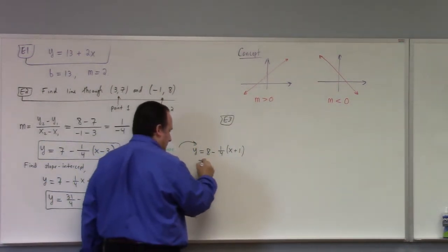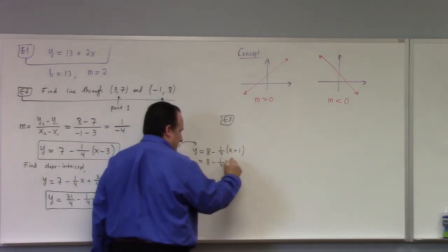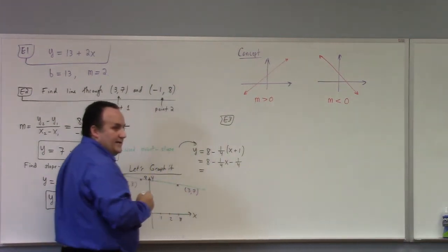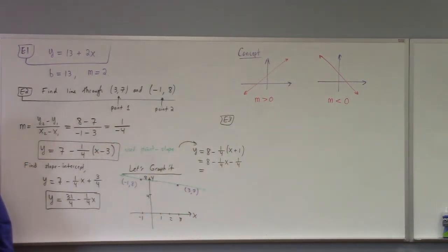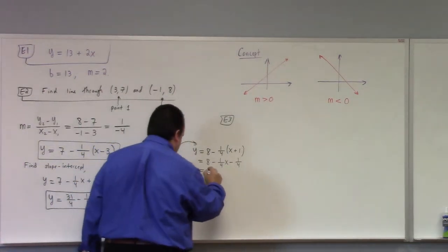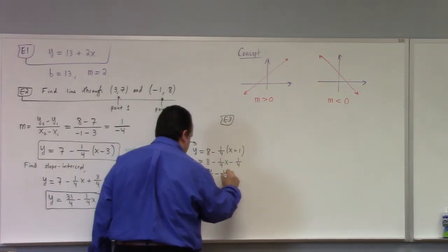This is 8 minus 1/4 x minus 1/4, and 8 minus 1/4 is 32/4 minus 1/4, which is 31/4. So lo and behold, 31/4 minus 1/4 x.